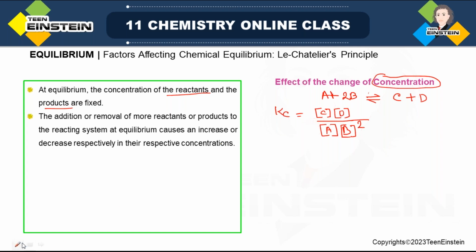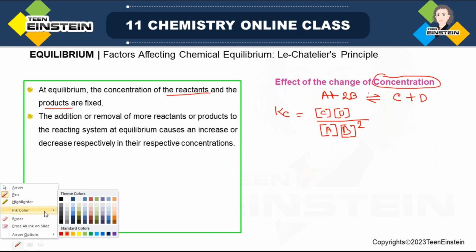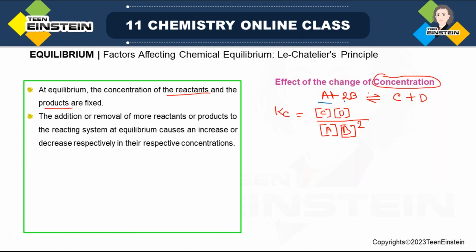Now under this condition, if we change any of these 4 species, that is A, B, C and D, if we change the concentration of one of these substances, what will happen, that we will see now. The addition or removal of more reactants or products. So it is not just that you are decreasing the concentration, that is removing some of the substance, you may also add.